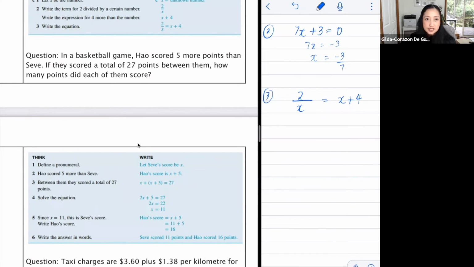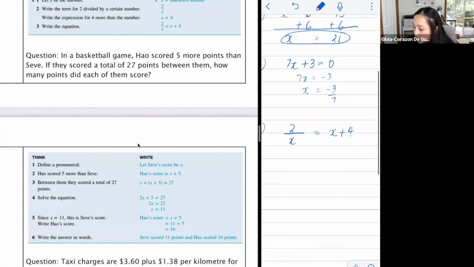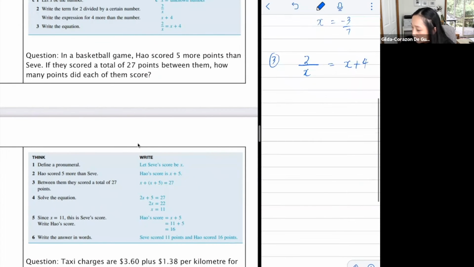Okay, so it says there Howe scored 5 more points than Steve. So if you represent Steve's score as S, so let's just say S, right? So Steve's score, sometimes it would be easier to use not just the letter X, but use the first letter of the names or whatever objects they would be using in the problem.